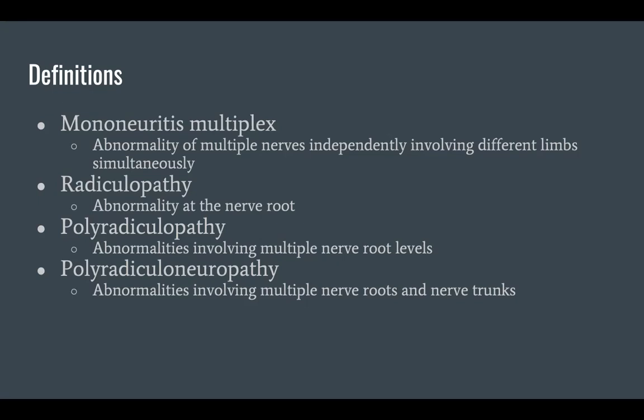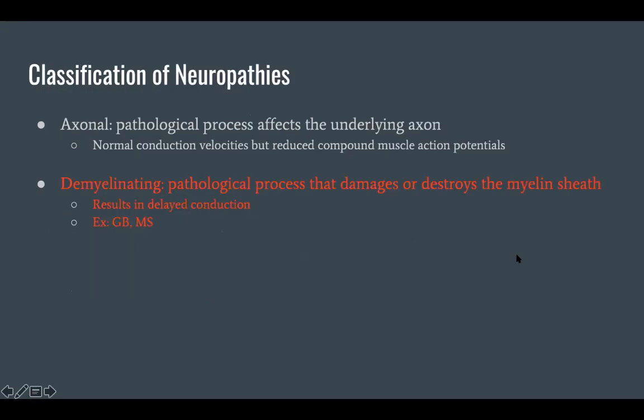Polyradiculoneuropathy is going to be multiple nerve roots and trunks. Okay, so that's some definitions so you know what they are if you ever hear them. Some classifications are going to be axonal or demyelinating. We'll talk about some like Guillain-Barré or MS that are demyelinating, that destroy the myelin sheath.